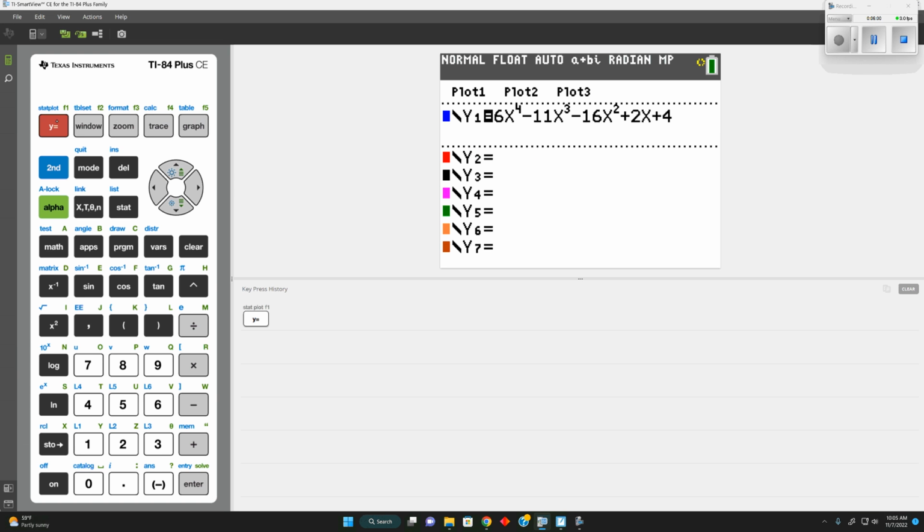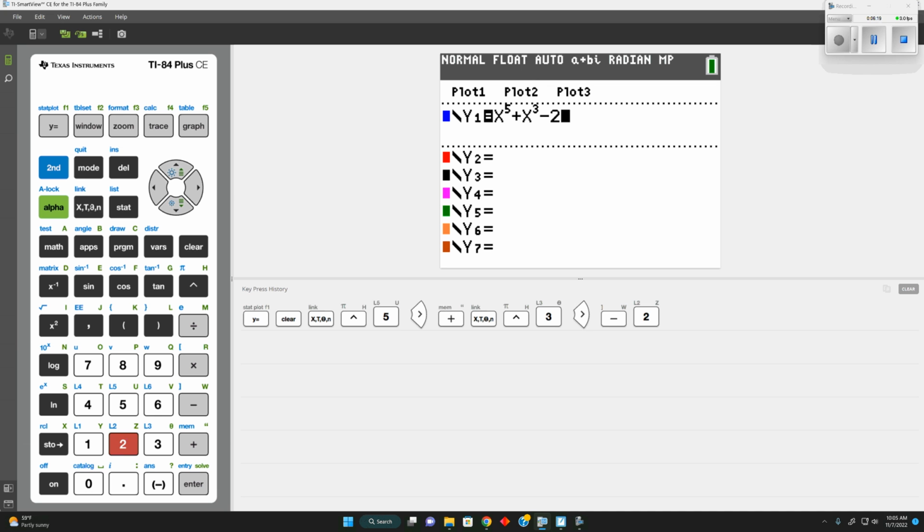So here, we can pull the graphing calculator up, hit y equals, and we will have x to the 5th plus x to the 3rd minus 2x squared minus 12x minus 8. Now the first thing we can do is type this in and graph it.